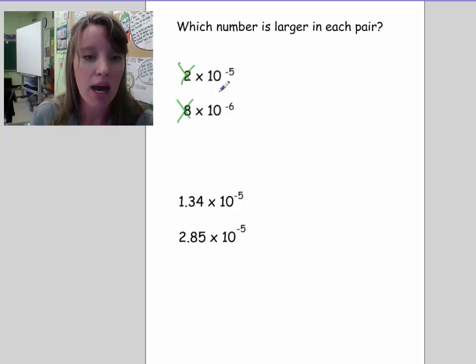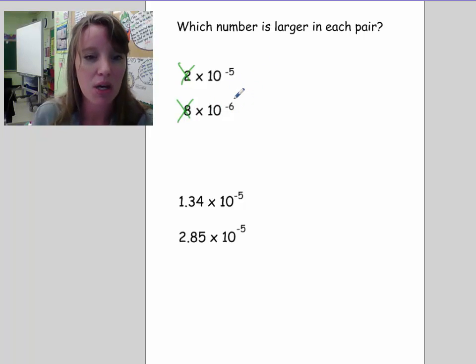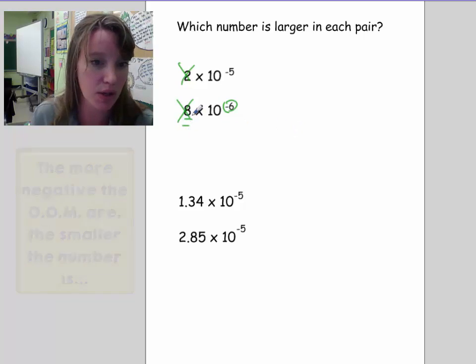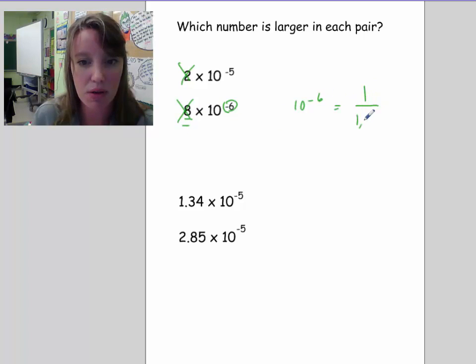And the negative ones are going to work differently than the positive exponent values here. So the more negative this exponent is, the smaller the fraction is that you're multiplying the coefficient by. So 10 to the negative 6 power is 1/millionth.